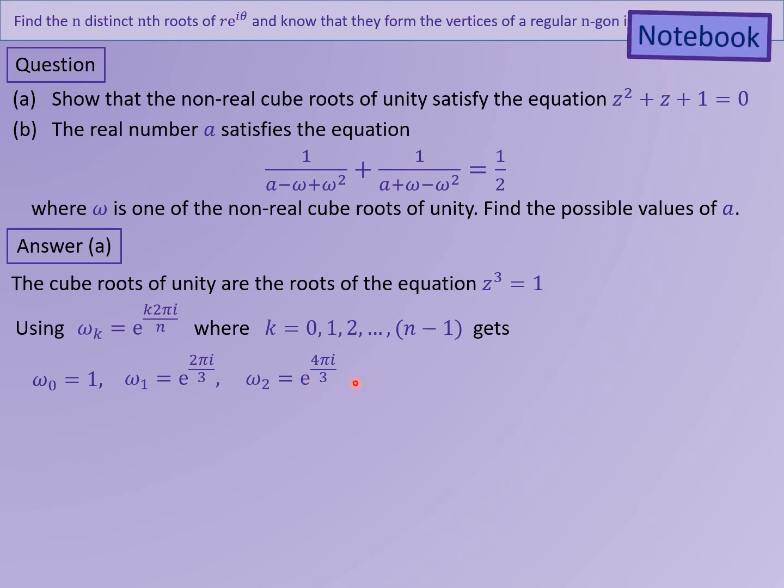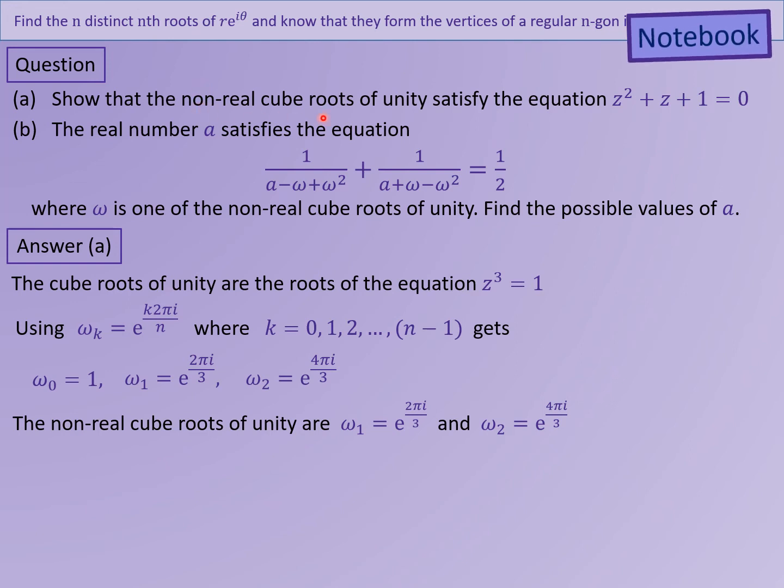Right. Why does that help me? Because now I can show it satisfies this equation. The non-real cube roots are those two. This one is number 1, and notice that doesn't get you 0.